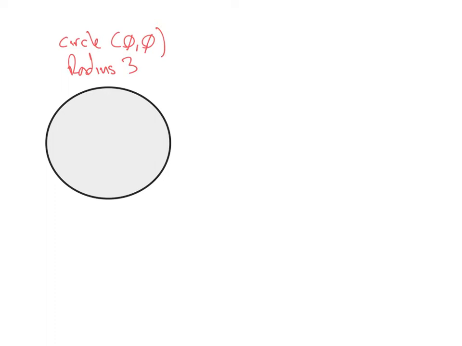The general form for the equation of a circle centred at 0, 0, the origin, is x squared plus y squared equals r squared, where r equals the radius. So it's nice and easy to remember: x squared, y squared, and r squared. If you find an equation that's got x squareds and y squareds in it, it usually means it's some sort of circle or an ellipse.